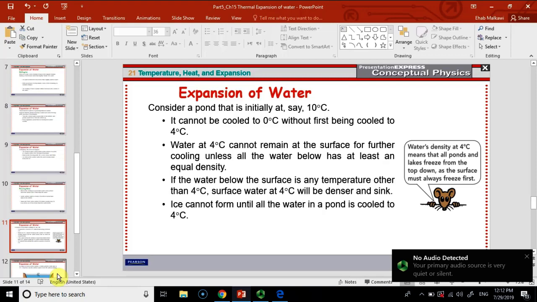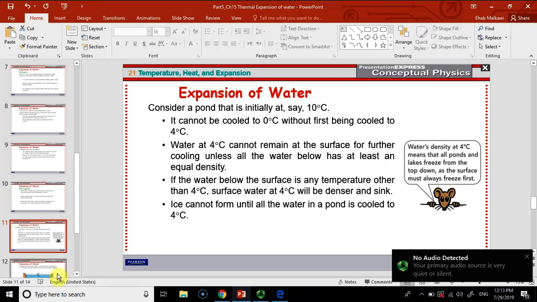Now, once water reaches 4 degrees, it will have a high density. So it cannot remain at the surface of the water. So it will go down. So ice cannot form in the pond until all the water in the pond is cooled to 4 degrees.